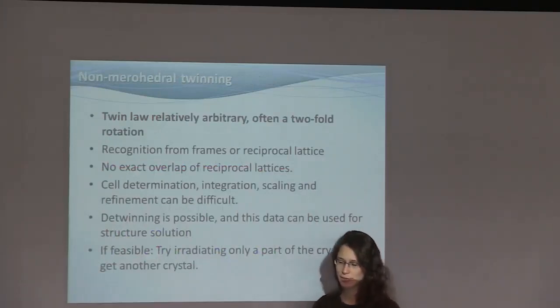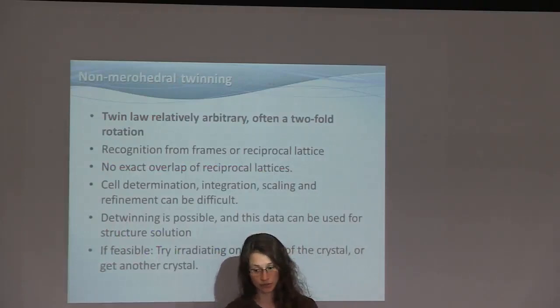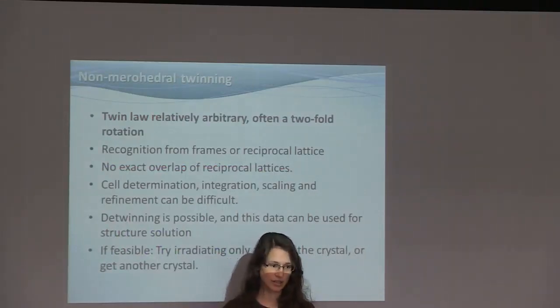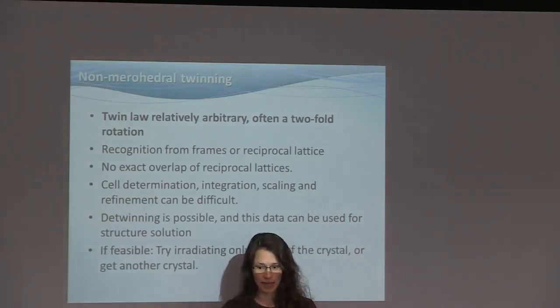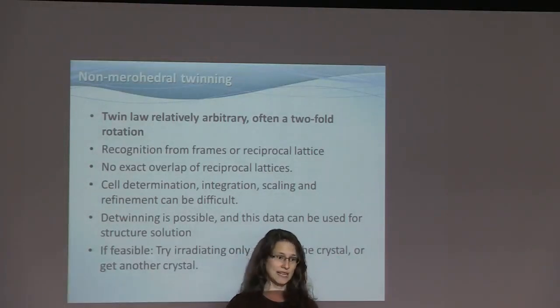So non-merohedral twins. The twin law is relatively arbitrary, often a twofold rotation. The recognition can come from frames or a reciprocal lattice viewer. You have no exact overlap of the reciprocal lattices. The cell determination, integration, scaling, and refinement are all difficult.